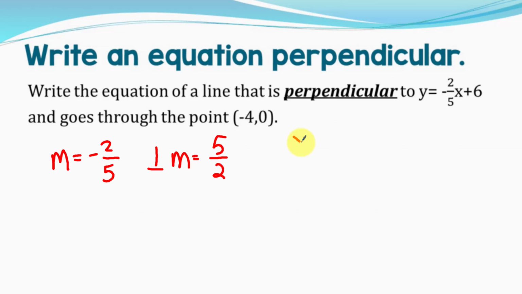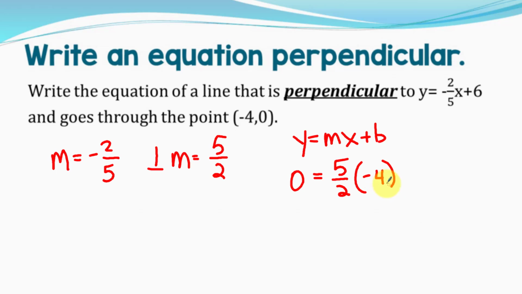So I'm going to take y equals mx plus b. I'm going to substitute in the y value that I know I have, which is 0, the slope that I need, the x that I have from this point, and then solve for the intercept.